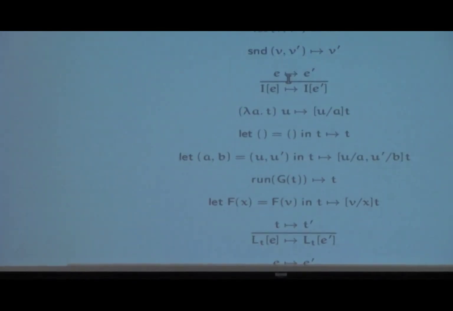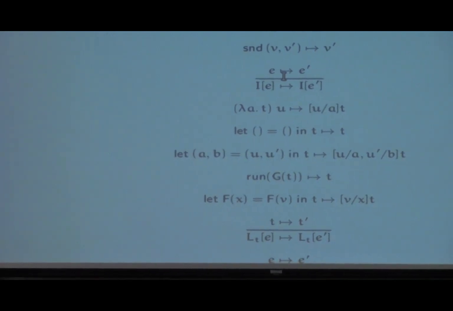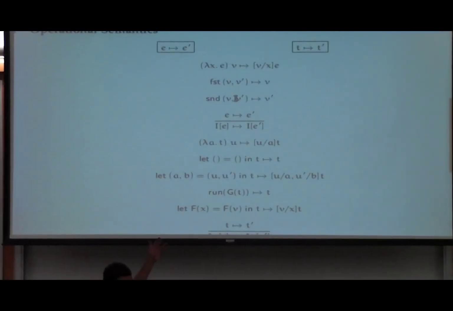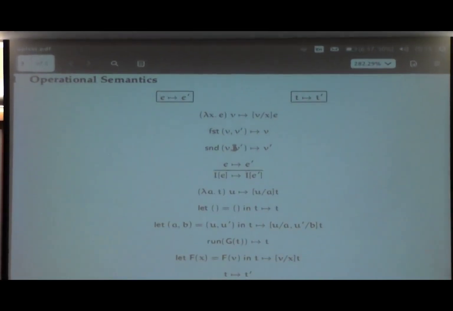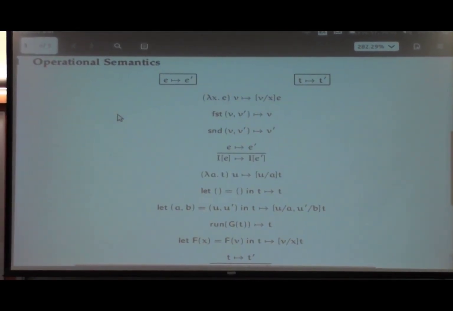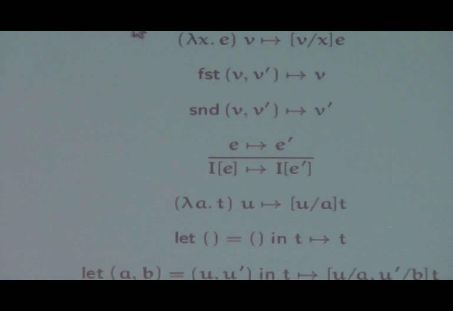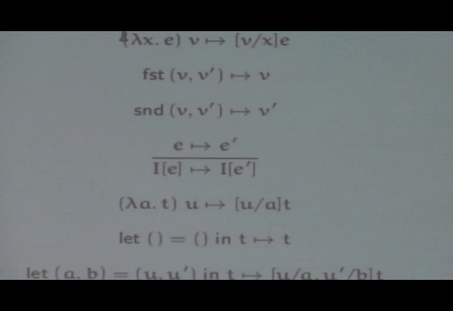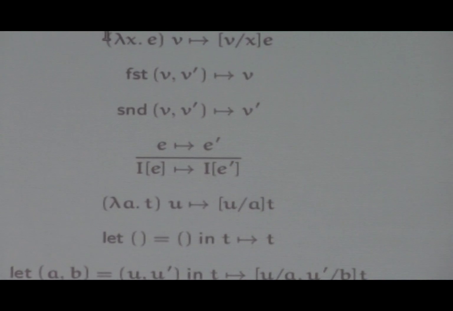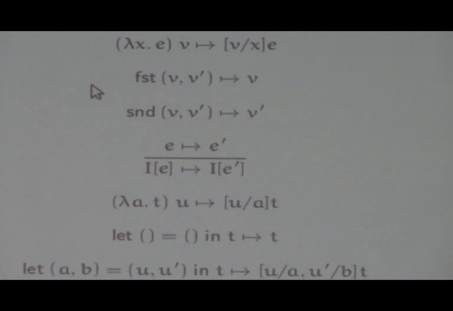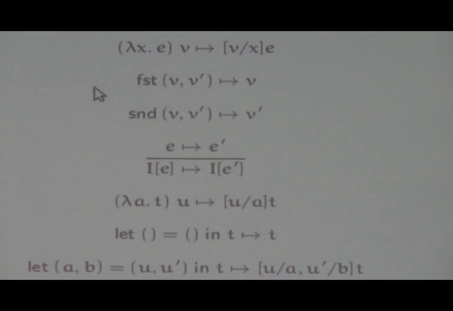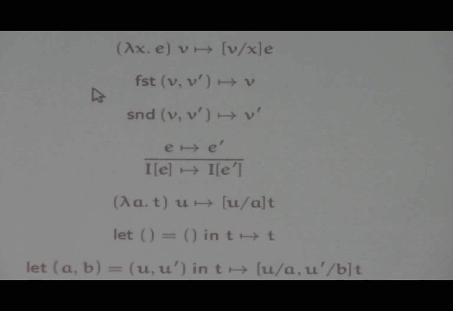So we have an operational semantics here, and you can see that we have the steps-to relation, which has all of the beta reductions you expect. Up here we can see that functions get applied by substituting. The first and second projections work by giving you the first or second component of a pair respectively.